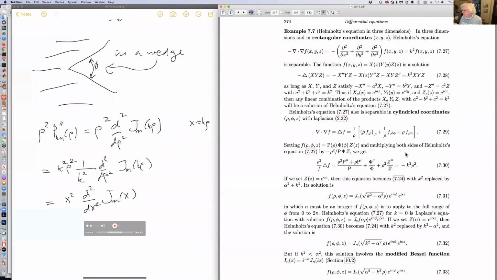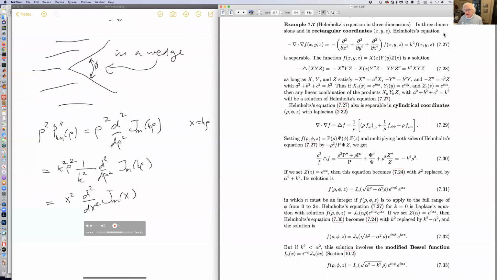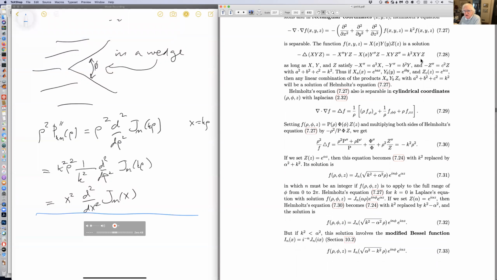So if we go now to 3 dimensions, and we're in rectangular coordinates, well, once again, we feel nice and comfortable because we've switched to rectangular coordinates, and then everything is so much simpler. And we just have this equation here.